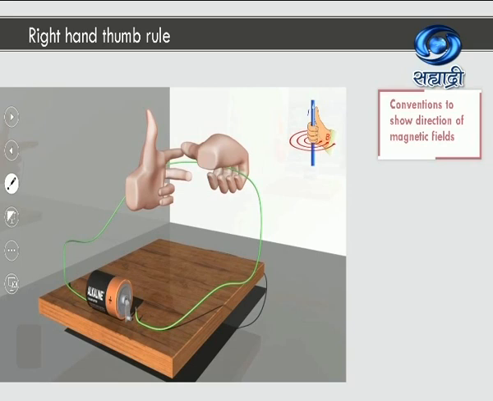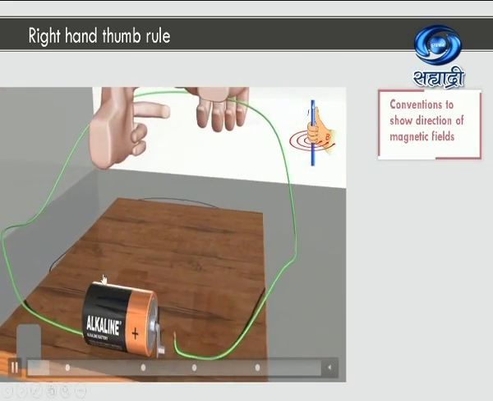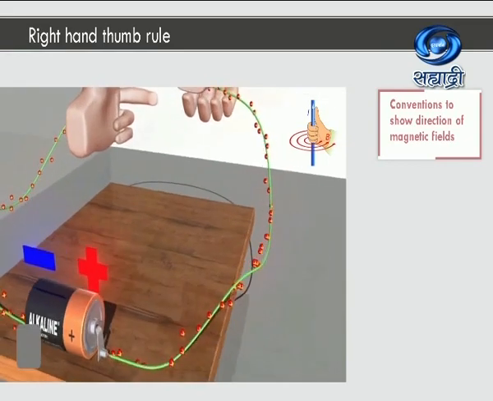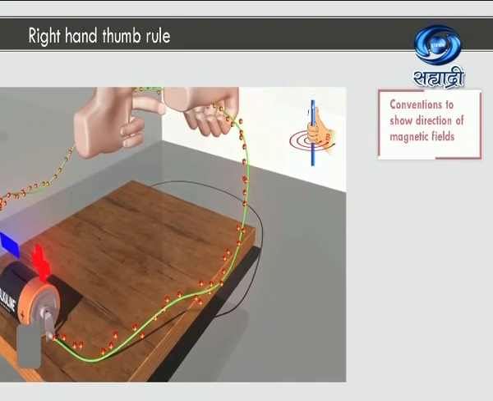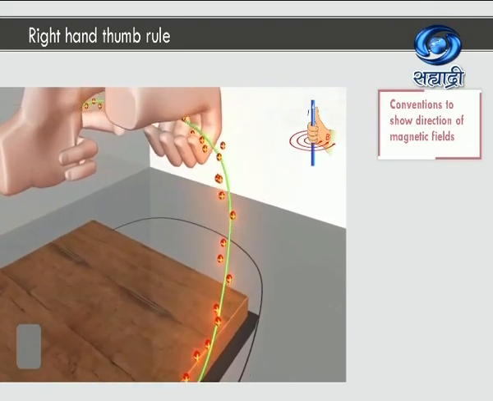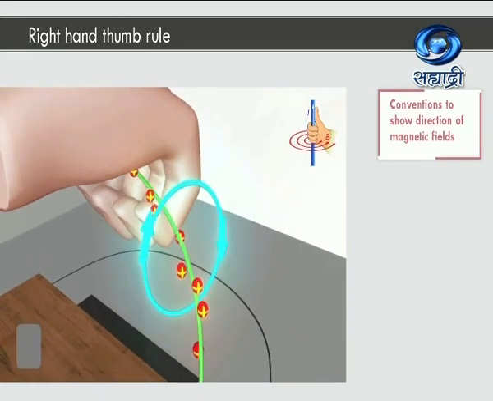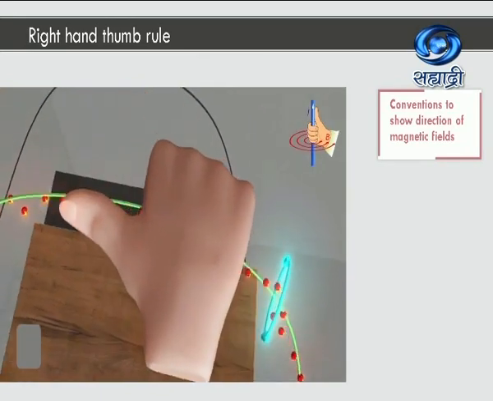Let us understand the right hand rule in this beautiful video. Here I have an arrangement with a cell to make a current flow through the wire. As you can see, there is flow of current from right to left. Let us imagine holding this wire in our right hand.